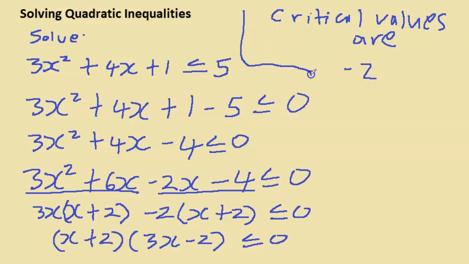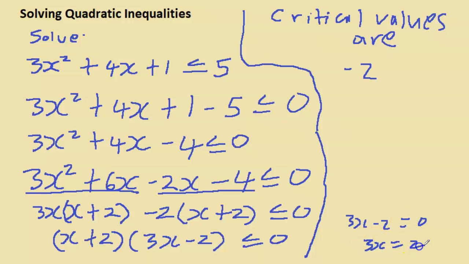And if you equate 3x minus 2 to 0, then you'll have 3x equal to 2. Divide both sides by 3, sorry. Then x equals 2/3. So the critical values are minus 2 and 2/3.